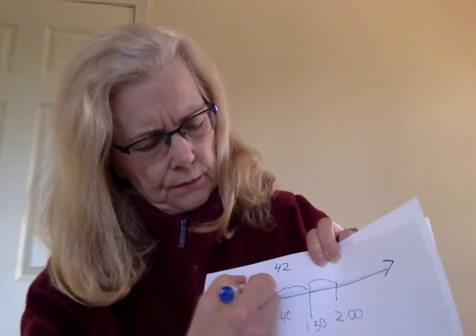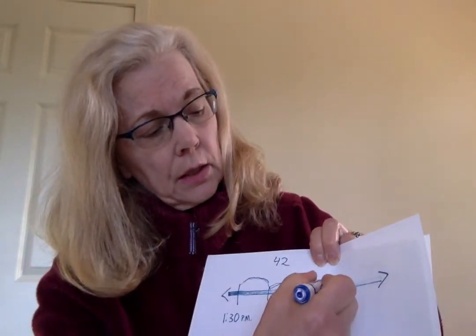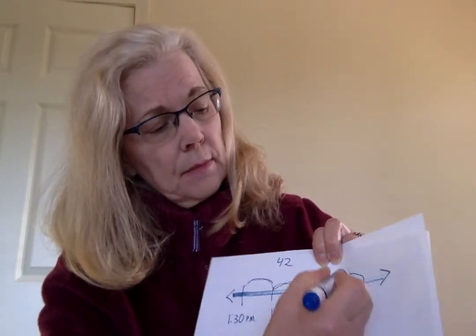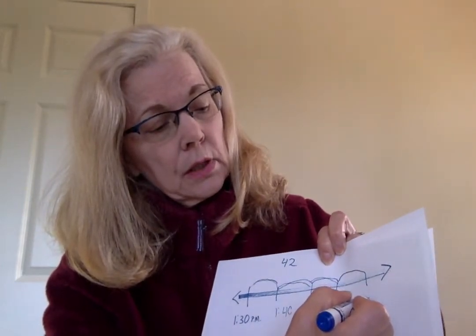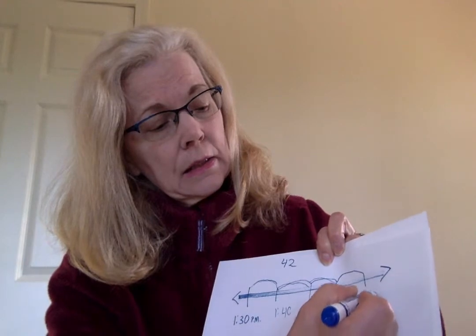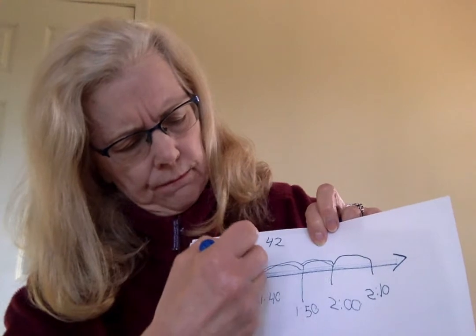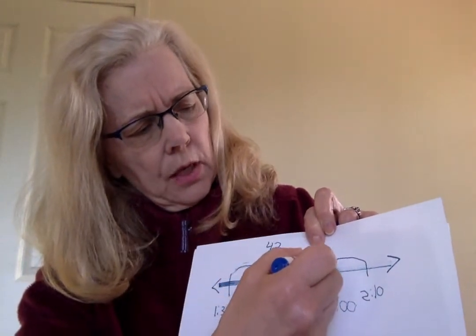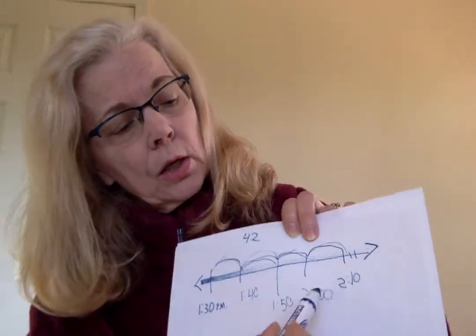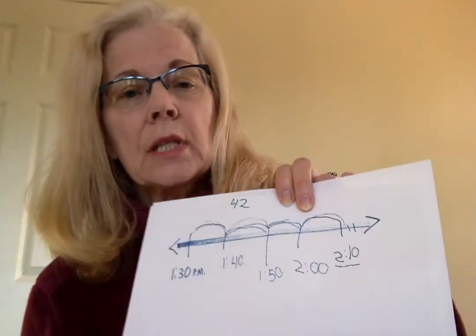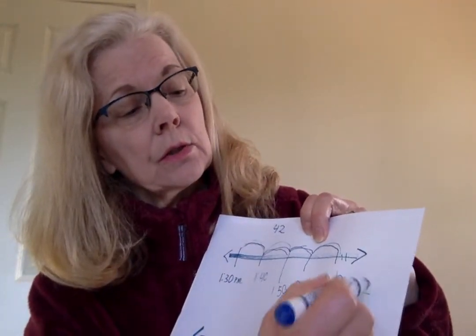So far I've got 10, 20, 30 minutes till 2 o'clock. Another 10 minutes will make it 2:10. And let's see, that's 10, 20, 30, 40. I need 2 more minutes. What's 2 more minutes after 2:10? You're right, it's 2:12.